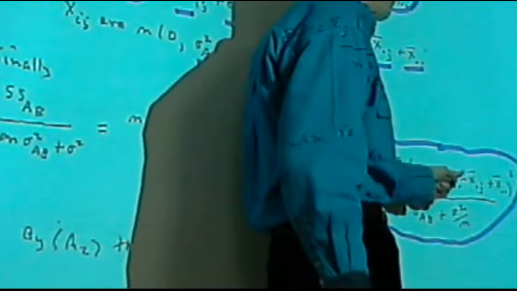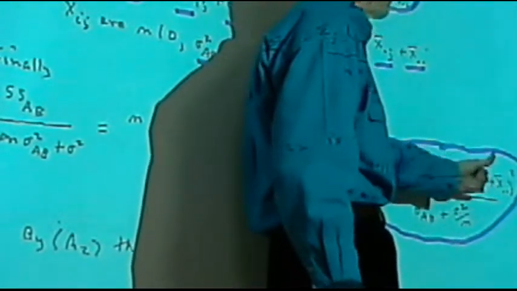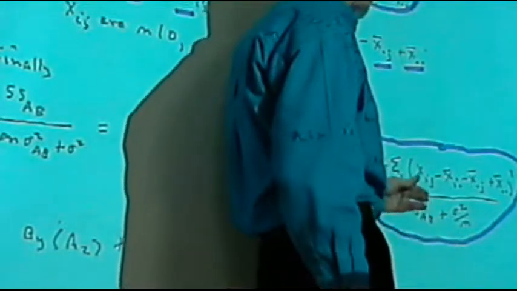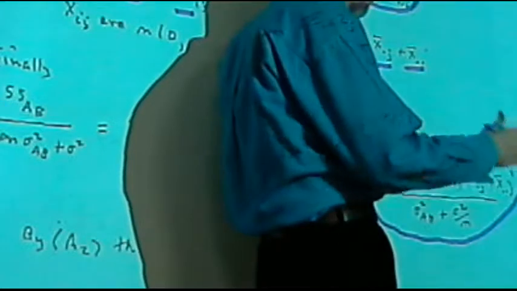Okay. Xij minus that mean, and minus a minus and a plus, the overall mean. So that's the formula that we had before. And what I have in the denominator is the variance of that variable. Sigma squared AB plus sigma squared over n. So that's what I gave in the denominator, the variance of that variable.